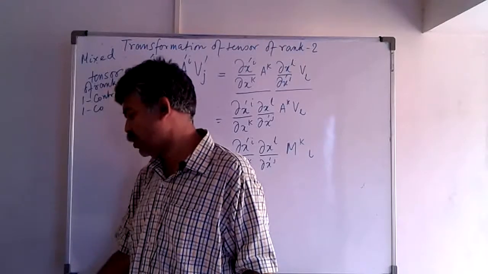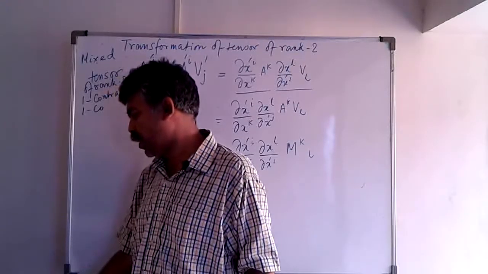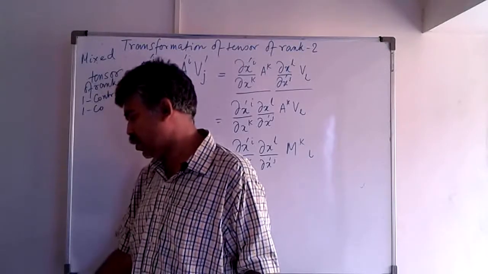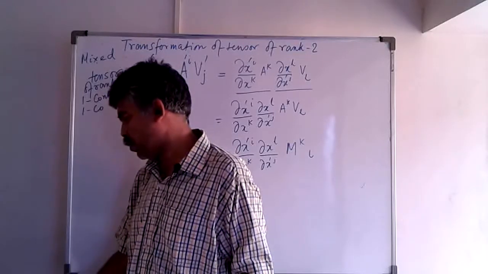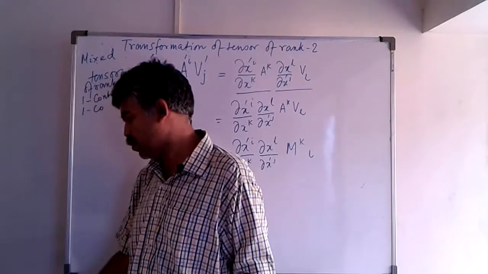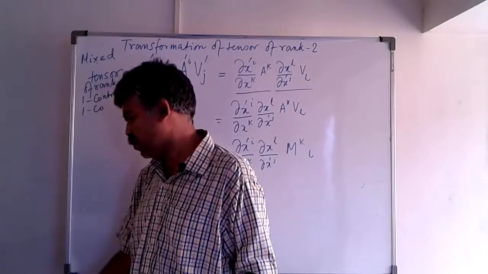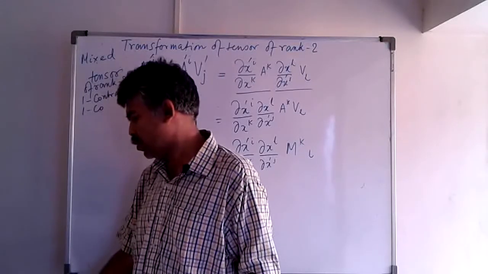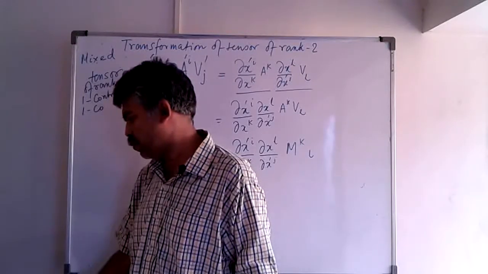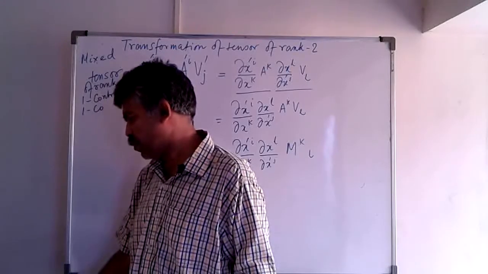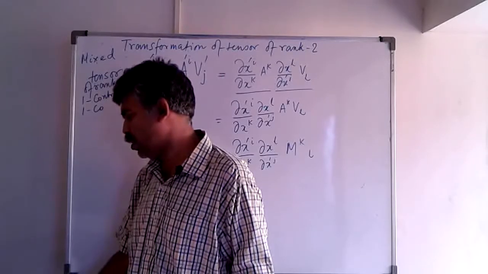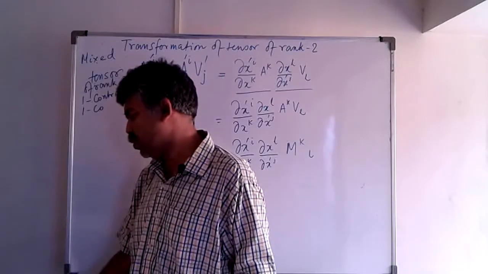Kronecker delta, you know that it's a mixed tensor of rank 2, 1 co, 1 contra. In a three-dimensional space, normally co and contra is the same.